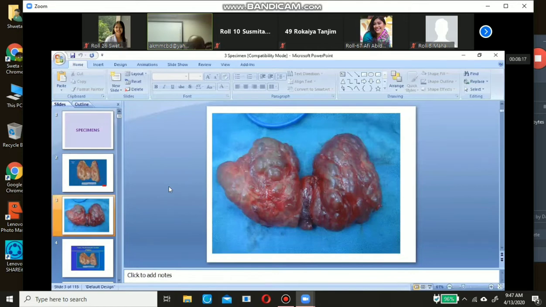And also, you can see the black color of the nodules. Somewhere it is reddish, but in the nodules, mostly it is black or gray. This is the colloid within the nodule. This is a colloid-filled multinodular goiter.